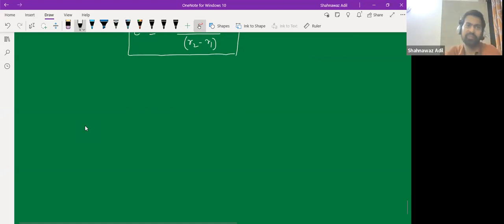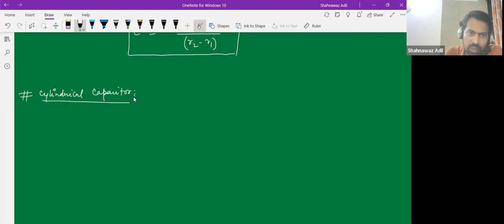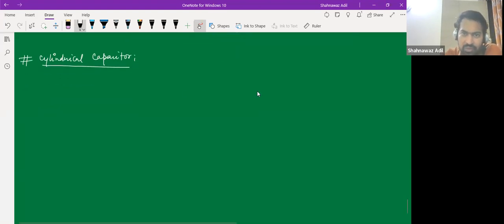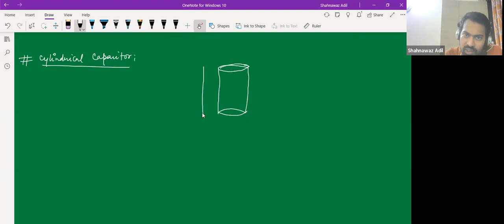Now we have a cylindrical capacitor. What is the geometrical design? We have this cylinder, this is the inside one, and then we have this outside.